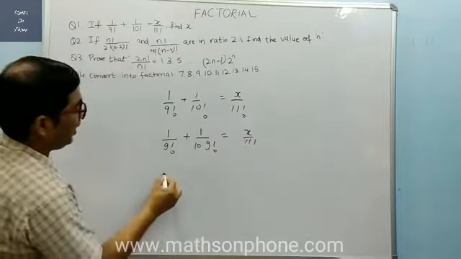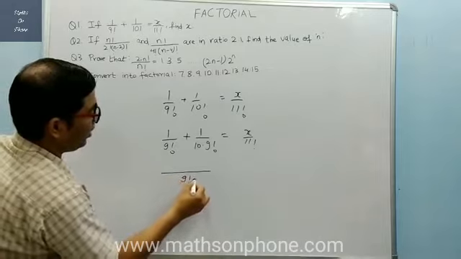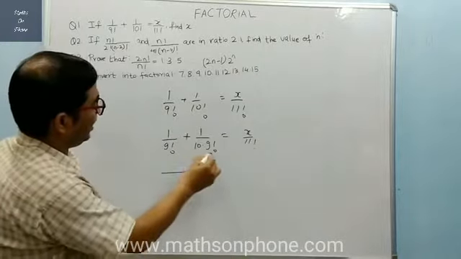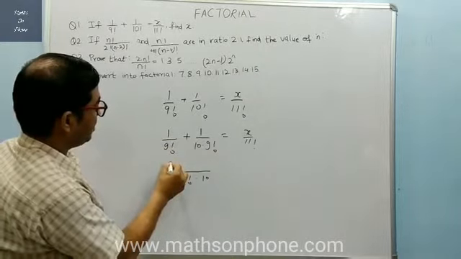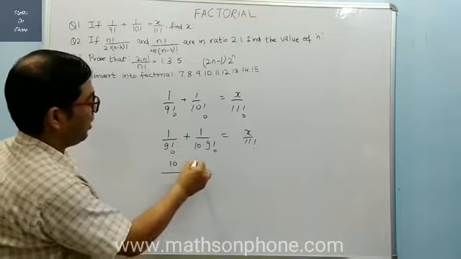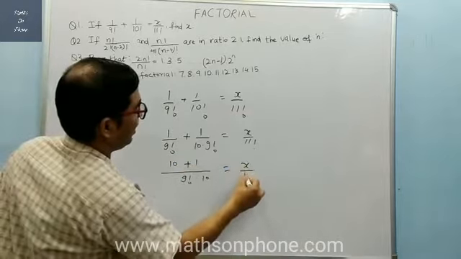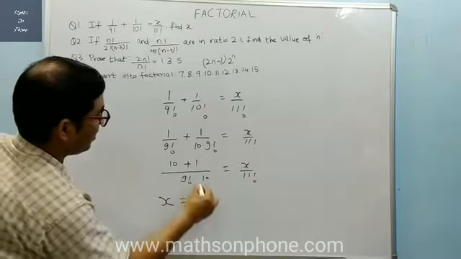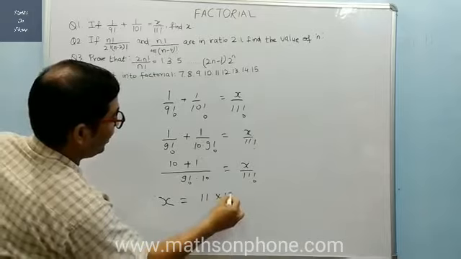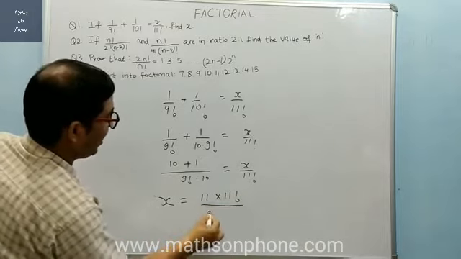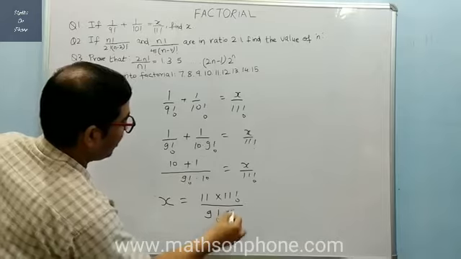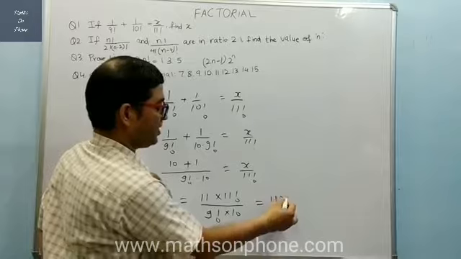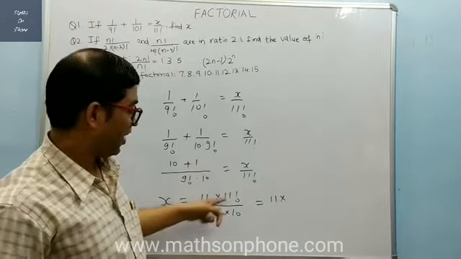What it is coming out to be? 9 factorial into 10. Okay, so what it is coming out to be here, see, it is just 10 and this is 1, x by 11 factorial. So we can easily get the value of x, that is 11 into 11 factorial divided by 9 factorial into 10. Further simplification gives us, see that this is bigger one, 11 factorial.